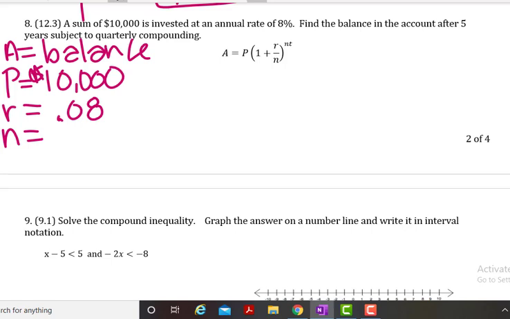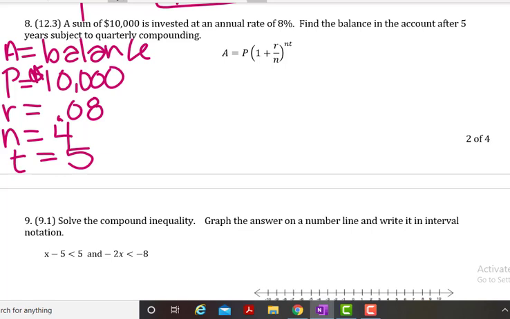In other words, the number of times per year the interest is added to the principal. Now, since it is quarterly, n is equal to 4. And t is equal to the number of years, or a fraction of a year, that the investment is in. And in this case, it is 5.